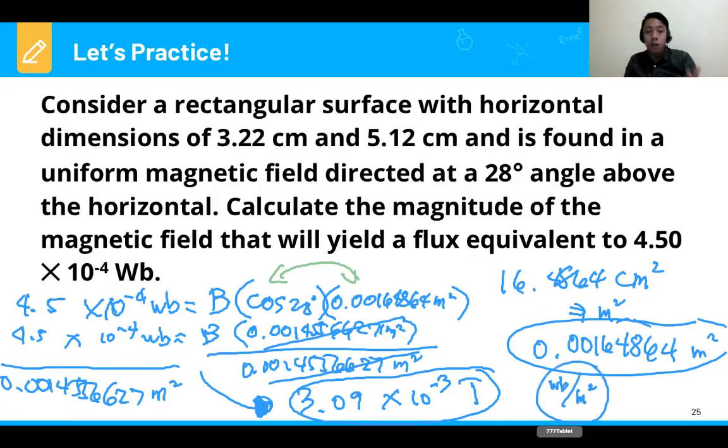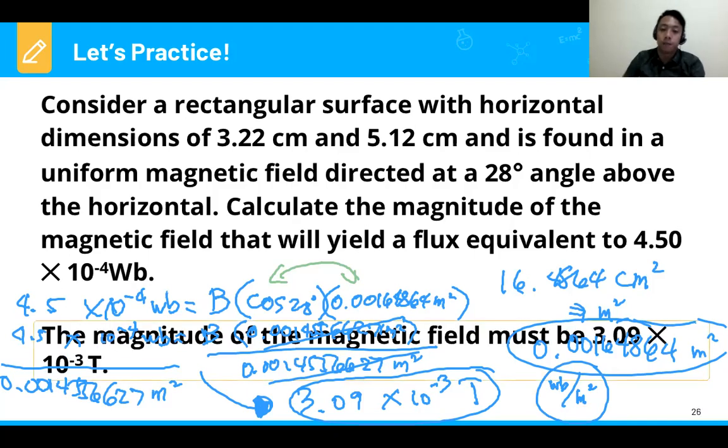And Wb over meter squared is equivalent to 1 Tesla. So they are just the same. So we have the answer 3.09 by 10 raised to negative 3 Tesla. Let's see if we are correct. Ayan, so we have 3.09 by 10 raised to negative 3 Tesla. Okay?